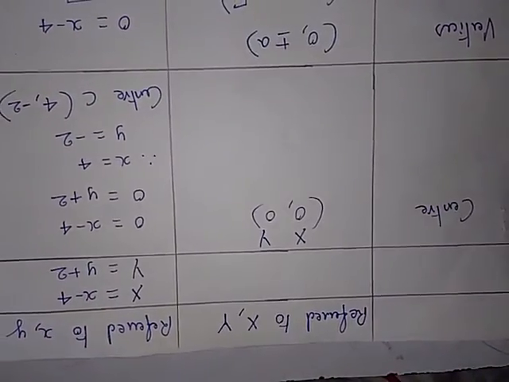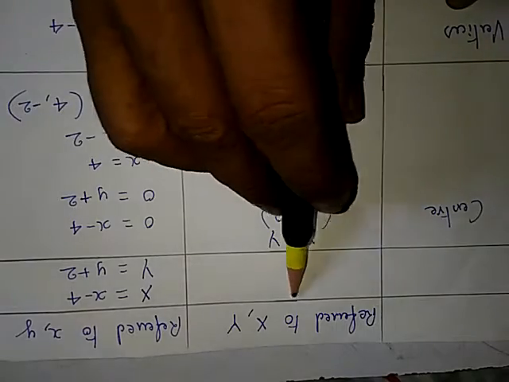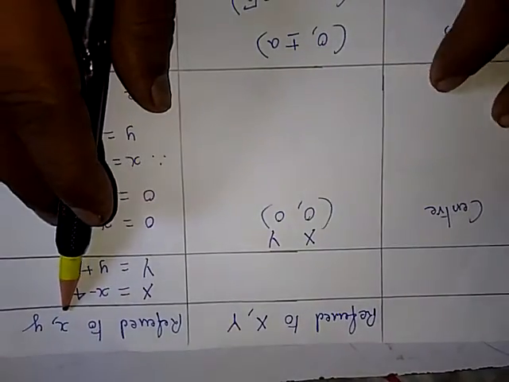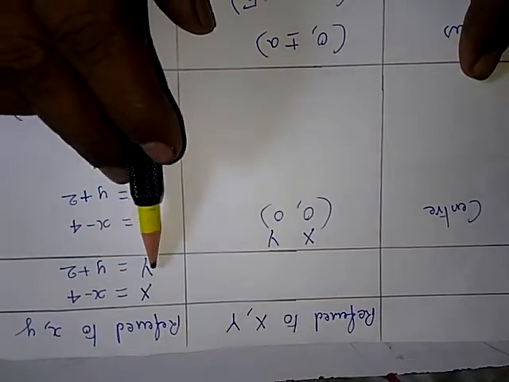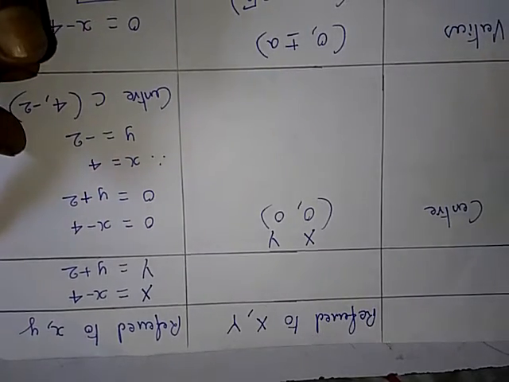Now we have to find center, vertices, foci and directrix. So capital X, capital Y are referred to small x, small y. So capital X is equal to x minus 4, capital Y is equal to y plus 2. So this we already saw.